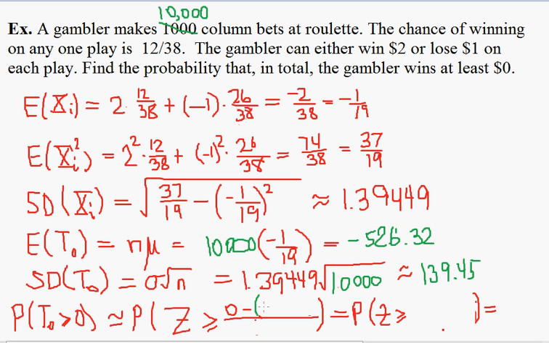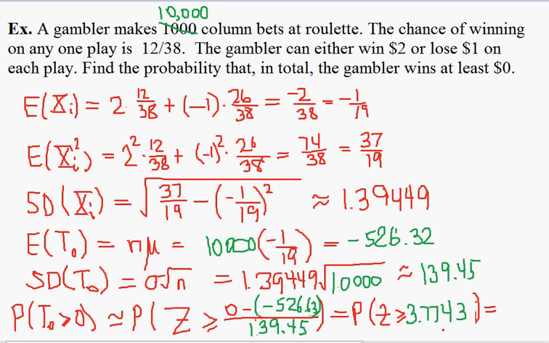And so we put minus 526.32 here, and 139.45 in the denominator. The new z value that we get will be considerably larger than we had before. 3.7743 according to my calculator.